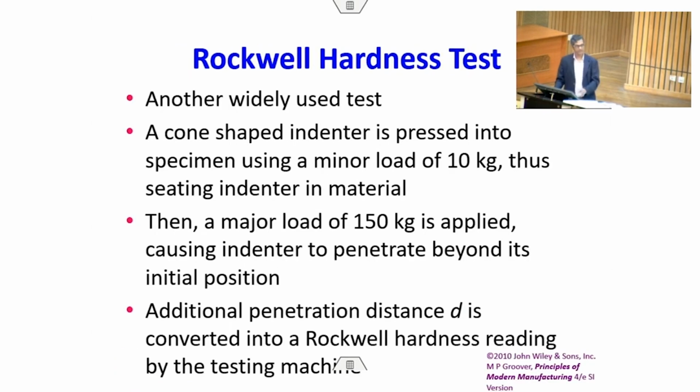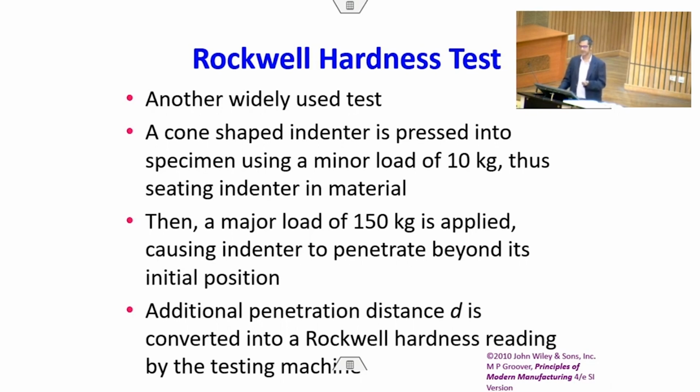And Rockwell hardness testing doesn't measure area. It basically measures depth. A cone-shaped indenter is placed on the specimen using a minor load of 10 kilograms or even less, and then you can apply a higher load like 150 kilograms to cause the indenter to penetrate beyond a certain position. It depends on the hardness of the material also.